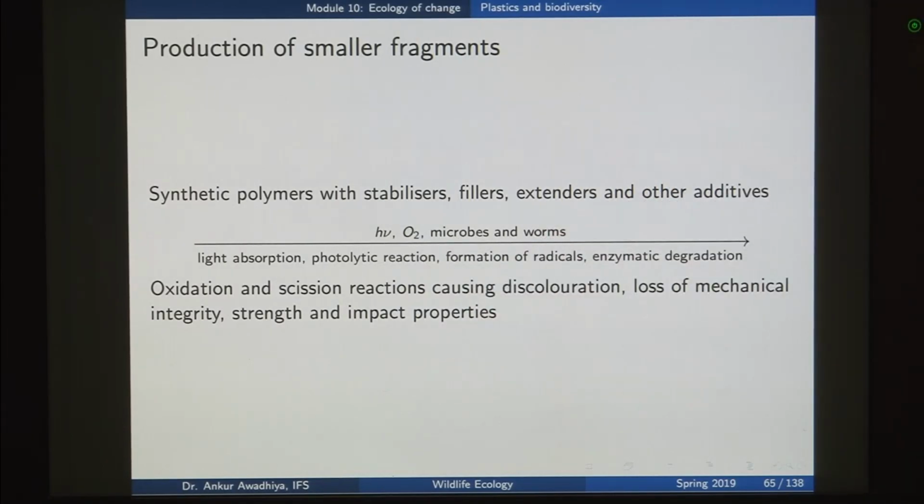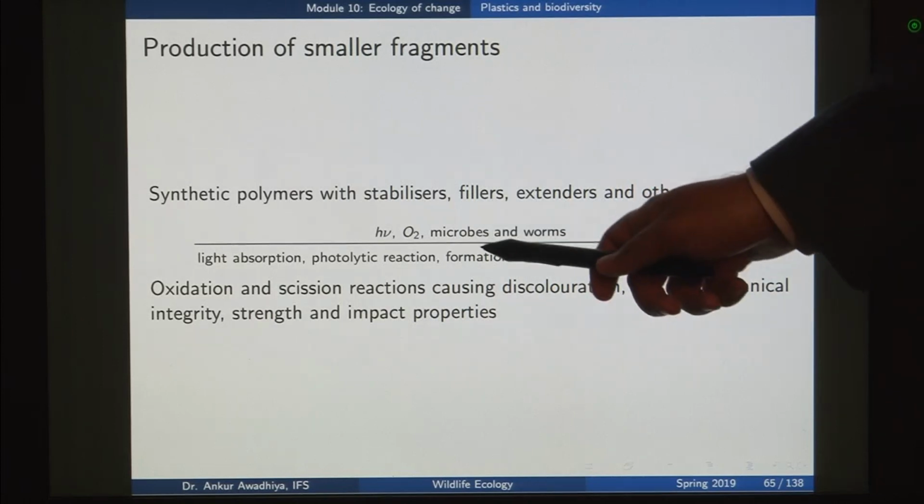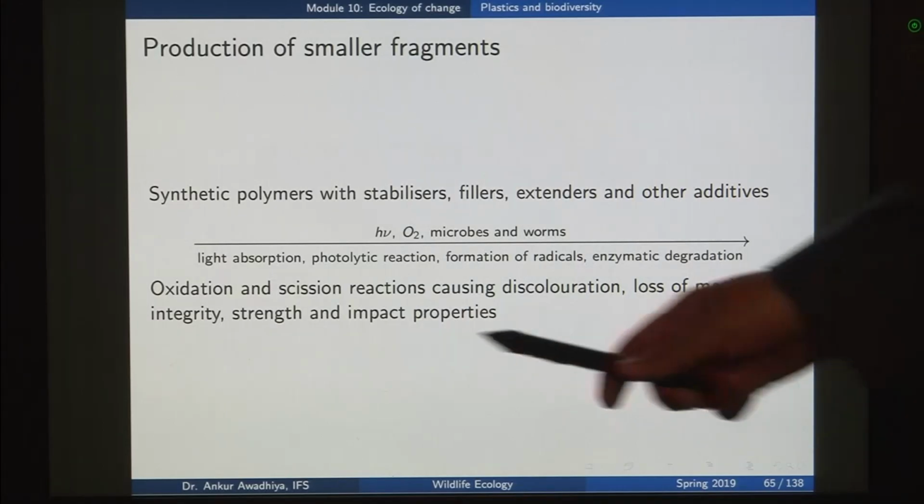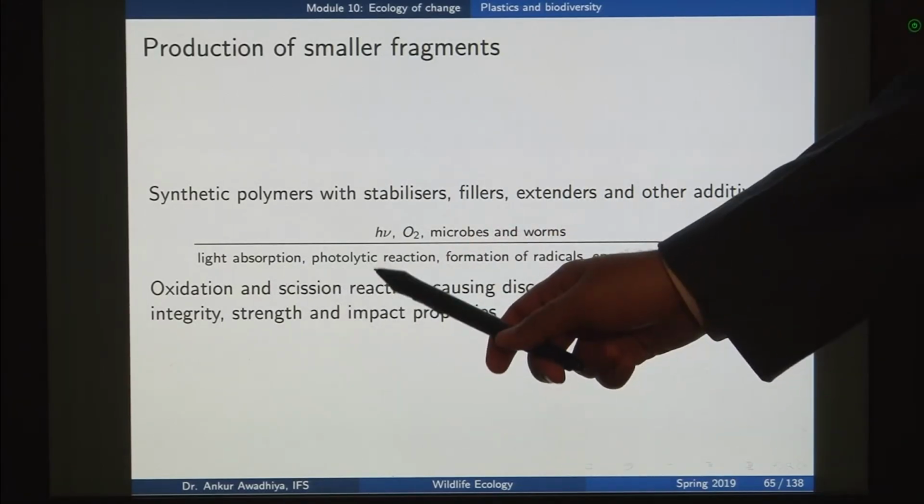So, here you have hν, that is photons. So, it is being acted upon by light, then it is acted upon by oxygen. So, there is some amount of oxidation reactions going on, then they are also acted upon by microbes and worms.